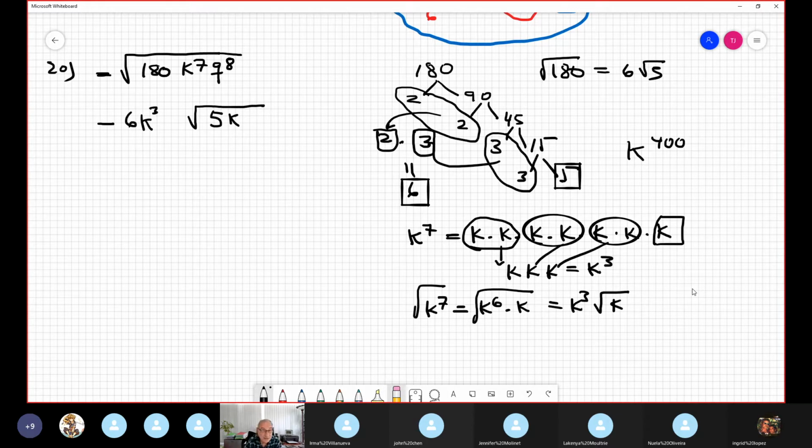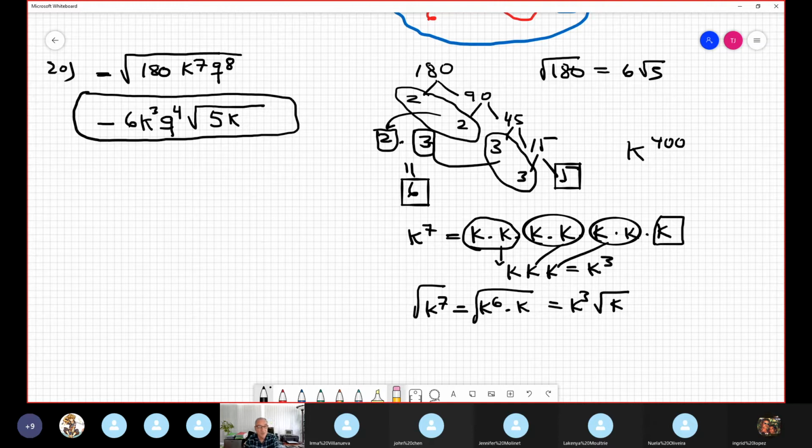Now Q is 8. It's even. So Q4 outside because 8 divided by 2 is 4, and no Q inside because it's even. Only do we have a Q or variable inside when the exponent is odd.